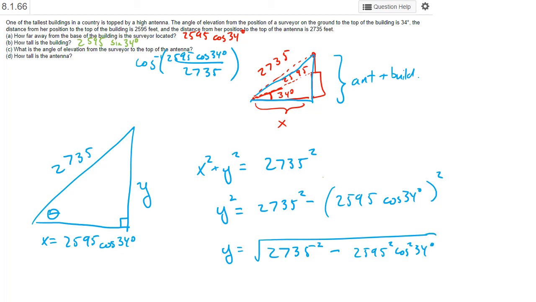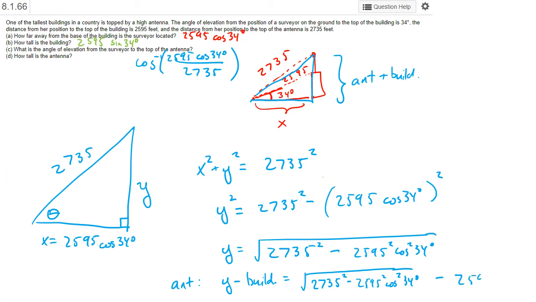And that is the height of the antenna plus the building. So if this is the antenna plus the building, the antenna is y minus the building. So that is going to be this enormous square root minus the height of the building, which we found in part B.